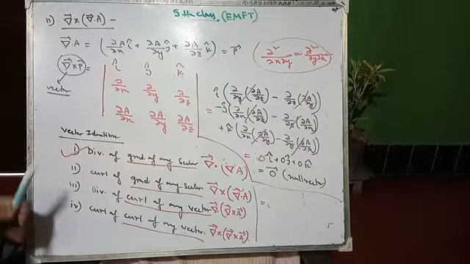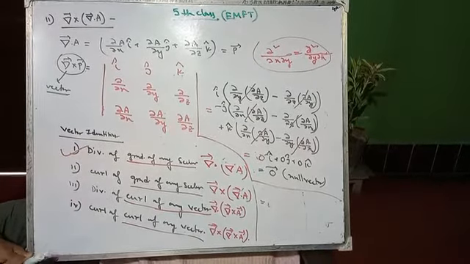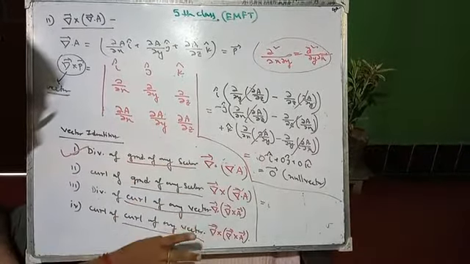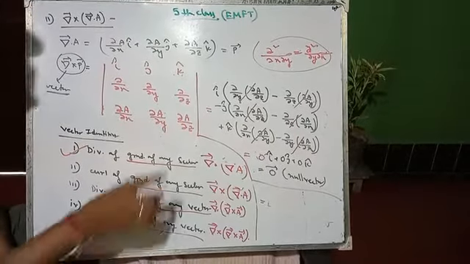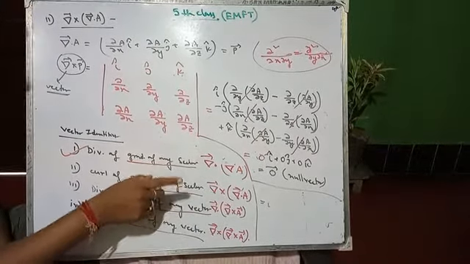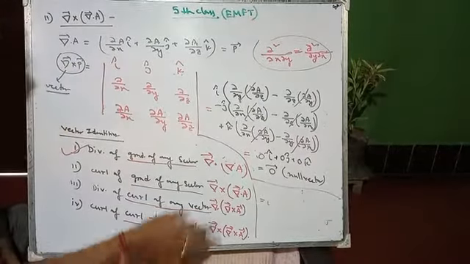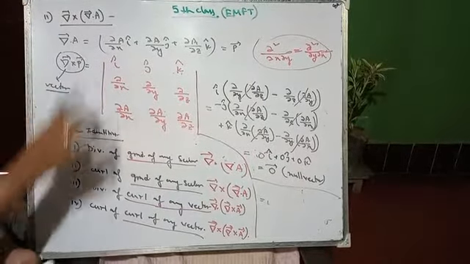So what is a null vector? The same question you can be asked: a null vector is a vector quantity which has zero magnitude in all directions. It can be found by using the curl of the gradient of any scalar.